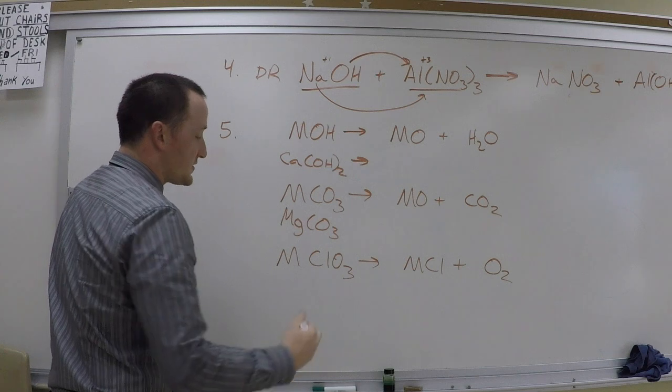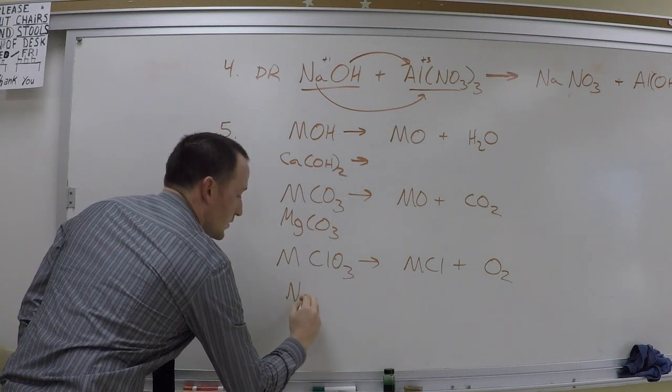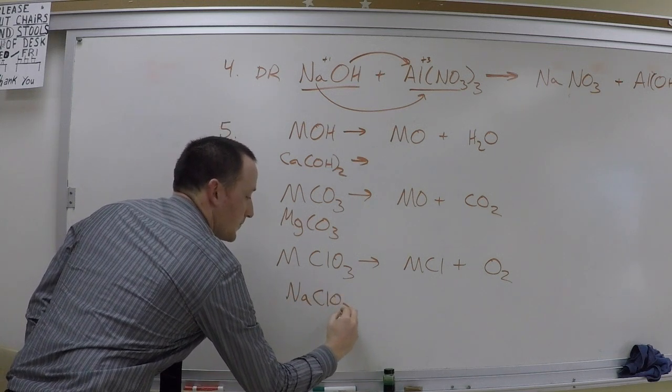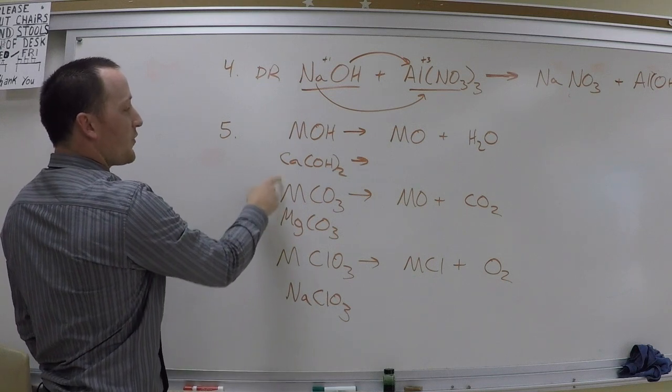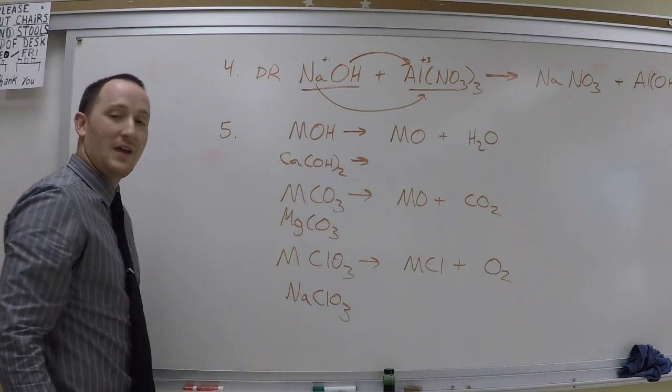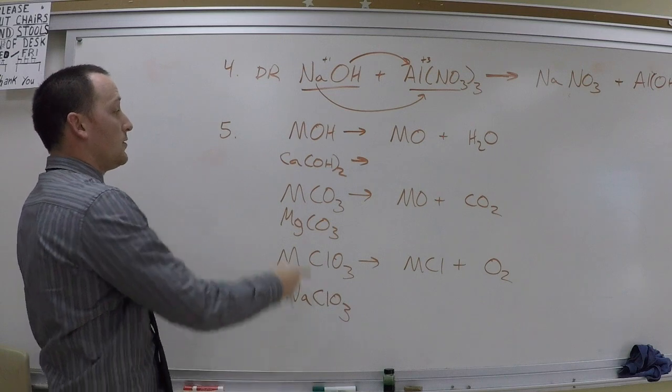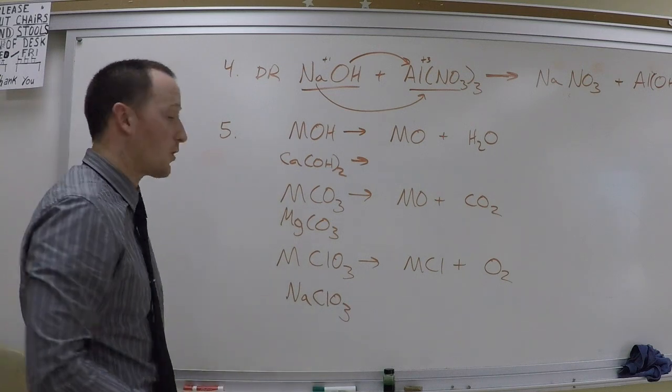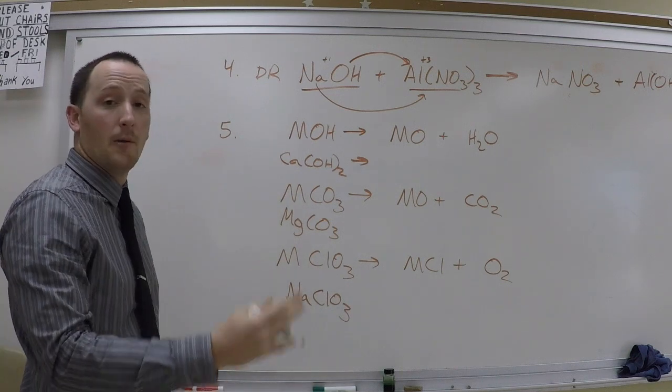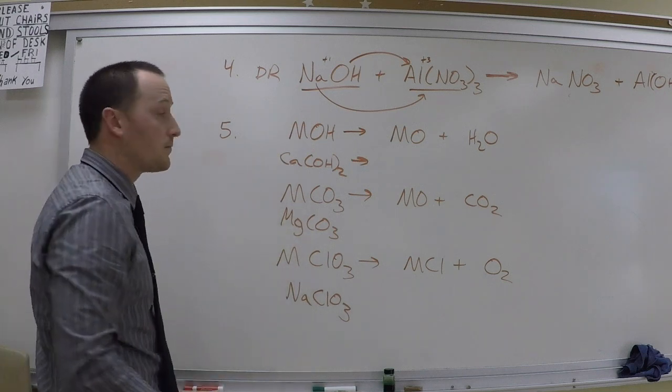And let's say that this one is sodium chlorate. Again, all this M stands for is some metal. It could be any one. This one could have been beryllium, or it could have been barium. Any of those are possible.